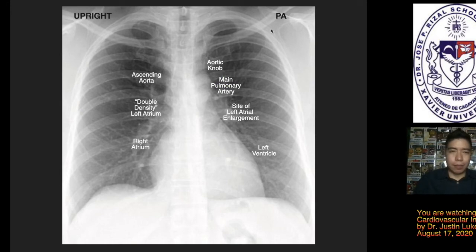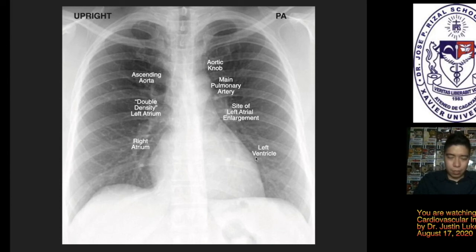I'm going back again to the PA view and the important landmarks along the cardiac silhouette. Again, the border forming chambers are your right atrium and left ventricle. If your left atrium is enlarged, usually this area would be straightened.